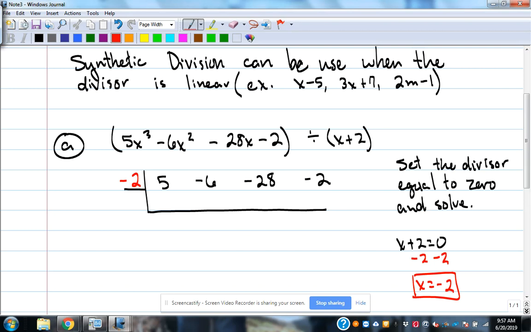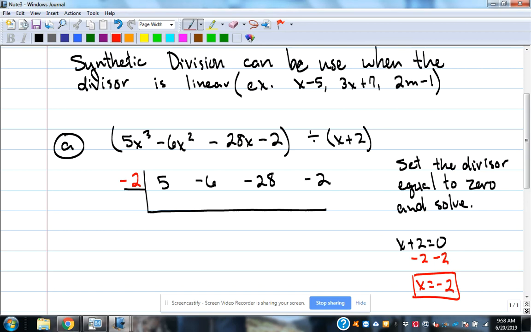It's always going to be the opposite, but I always say set the divisor equal to 0 and solve it, because sometimes it might be a fraction if there were a number in front of the x there. So you've got to set it equal to 0 and solve it; it's basically taking the opposite of it. Now, the way synthetic division works, instead of, in long division, multiply and then subtract, synthetic division is multiply, then add.